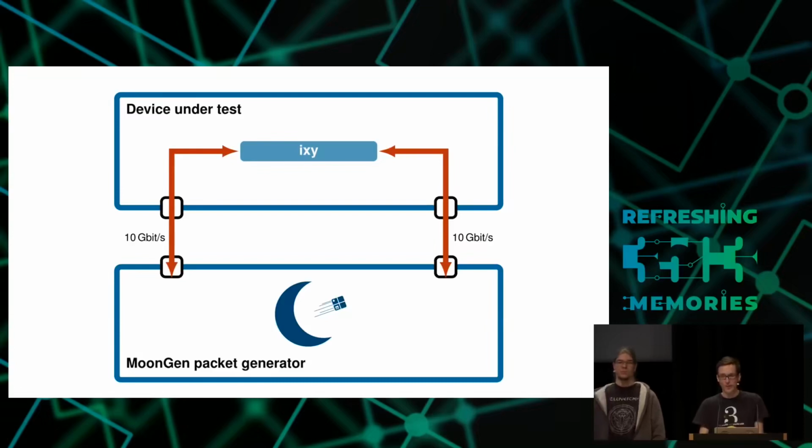We use the MoonGen packet generator written by Paul, because obviously it's the best packet generator. And on the device under test, we have a simple bidirectional packet forwarder that we implemented on top of our drivers in all languages.